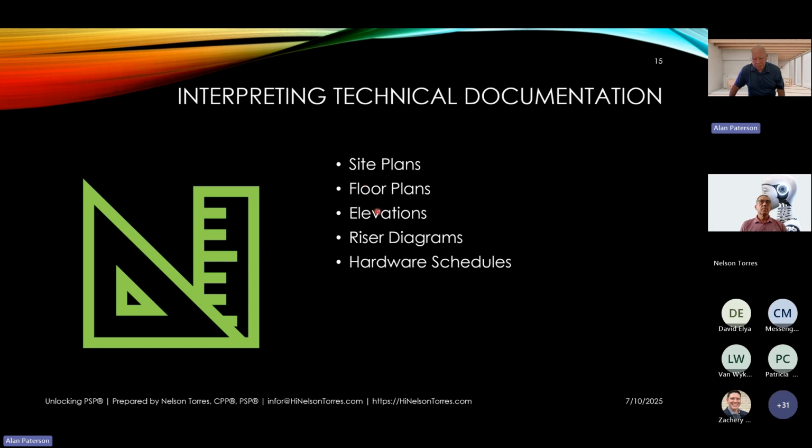Most of these plans are done on CAD systems these days, computer-aided design. So they can be just a PDF that you can look at on your computer and zoom in on parts that are a problem. There's a PDF markup tool called Bluebeam that's very popular with consultants these days. It enables you to mark up a PDF digitally on your computer.